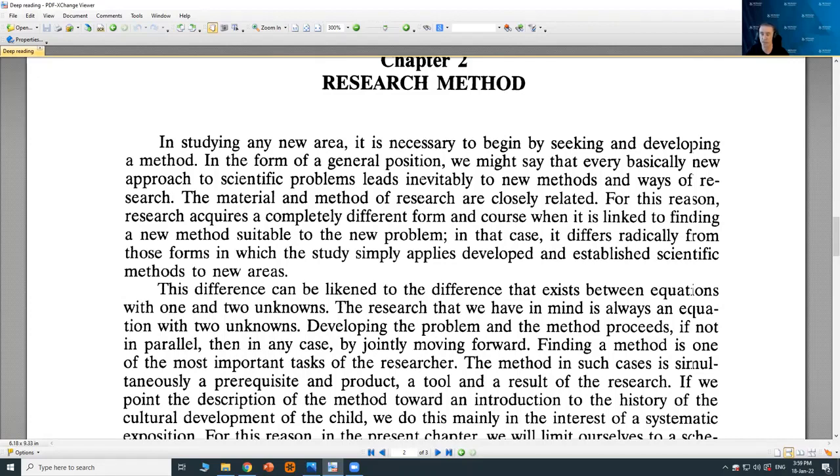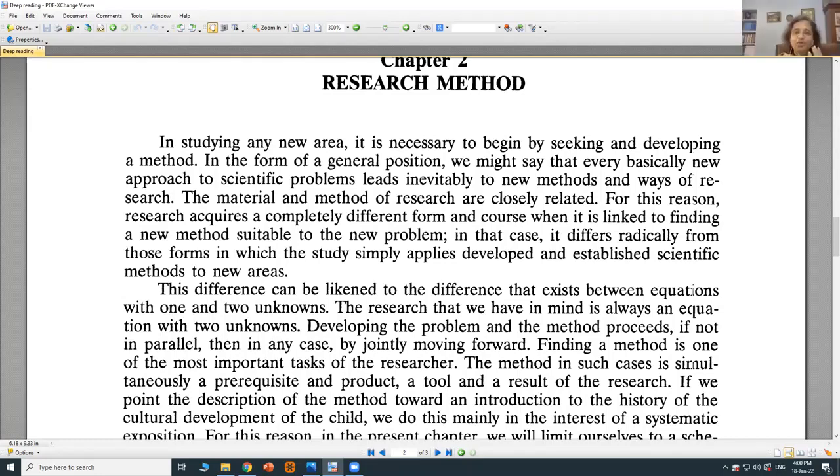He says that in studying a new area, there is no other way than to establish a new method. And this will make your research different from research that simply applies established and developed methods to the new area. Would you agree with this interpretation?